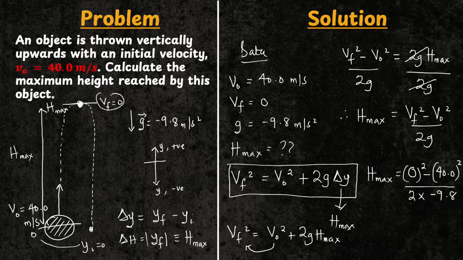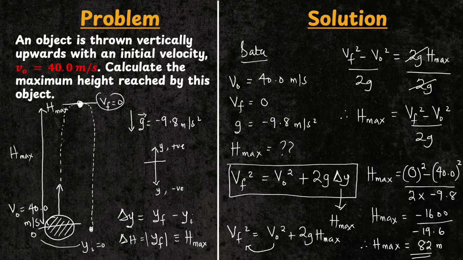Okay. So with this, we can compute that H max is going to be minus 1600, okay, divided by 19.6, minus 19.6. So this would therefore give H max equals 82 meters to two significant figures.